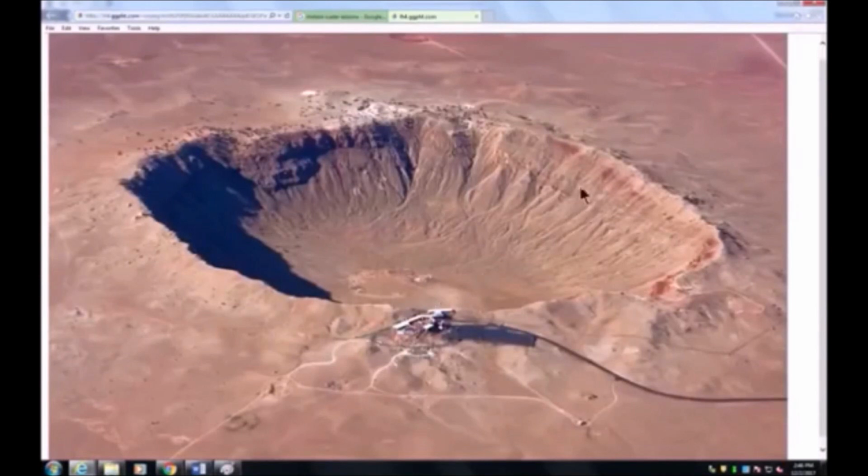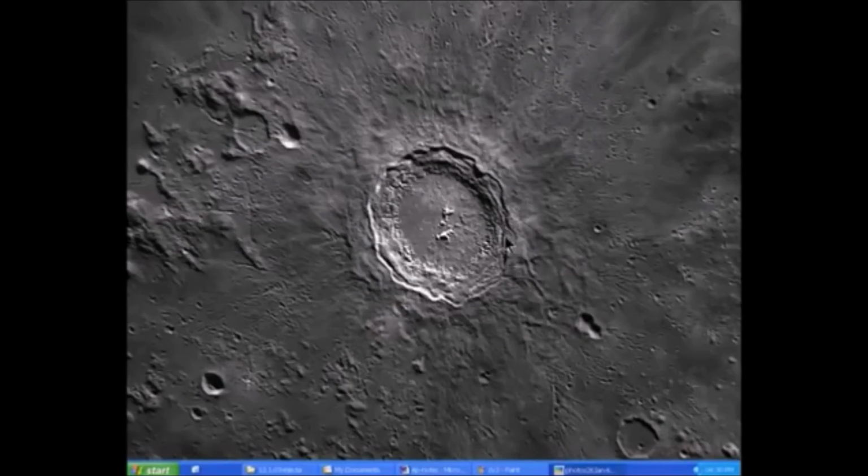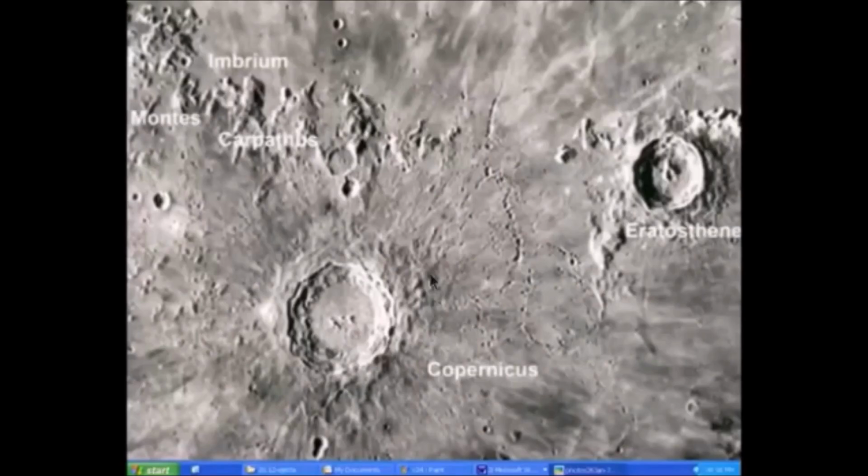For comparison, this is Meteor Crater in Arizona, also called Barringer Crater, and it's the largest well-preserved crater on Earth, but it's only 3/4 of a mile wide. Going back to Copernicus, this is a closer view with higher resolution, and these craters here, which would be a little closer to Copernicus, are not well resolved, if at all.